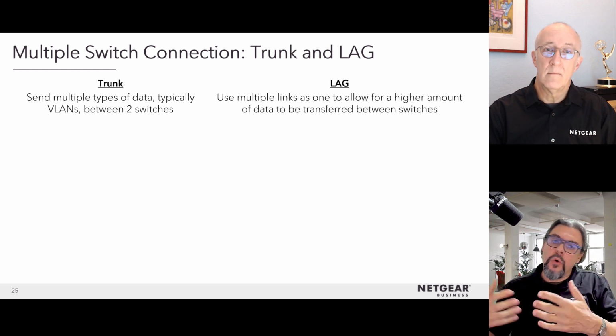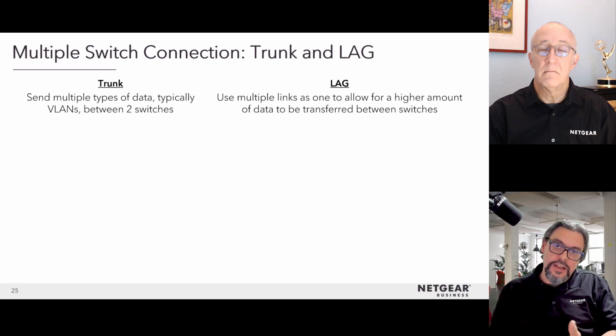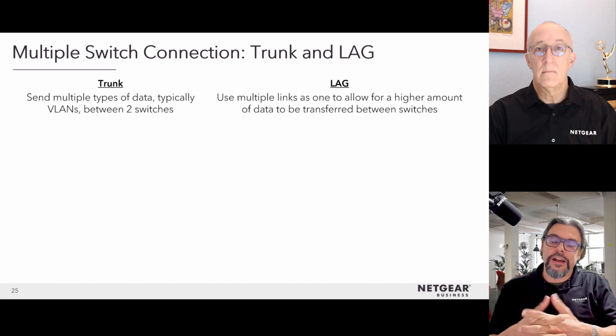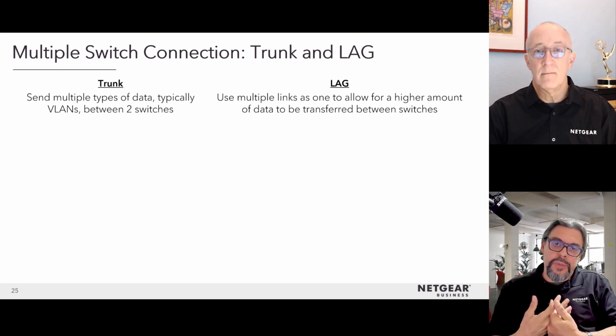Now, if you need more than one link, because it's not enough, you need 20, you need 40 gig, you need several links to achieve that bandwidth between two switches. In addition to the trunking for VLANs, you also need to configure stacking or link aggregation, LAGs. And well, for IT people, that's an everyday job.